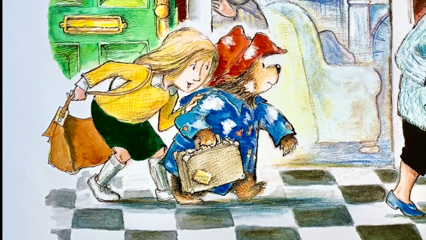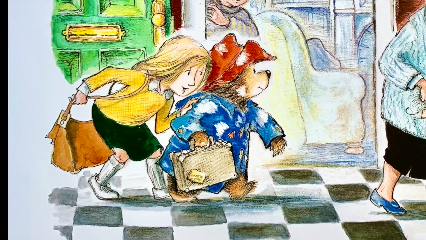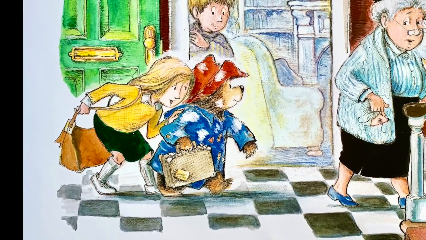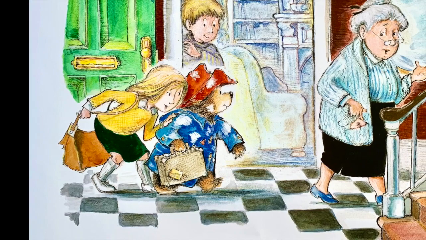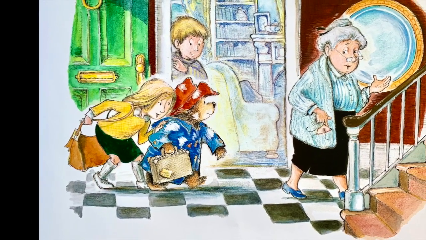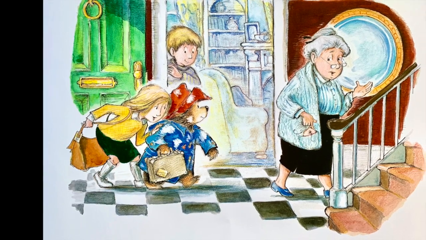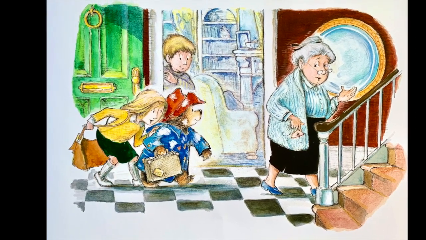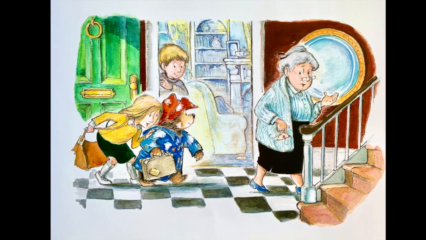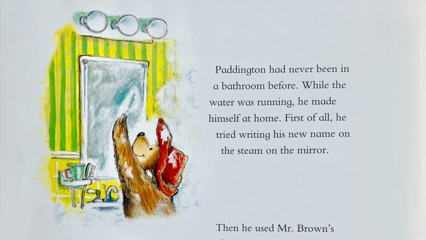"I'm afraid I stepped on a jam tart by mistake," said Paddington. "I can see that," said Mrs. Bird. "You'd better have a bath before you're very much older. Judy can turn it on for you. I dare say you'll be wanting some marmalade too." "I think she likes you," whispered Judy.